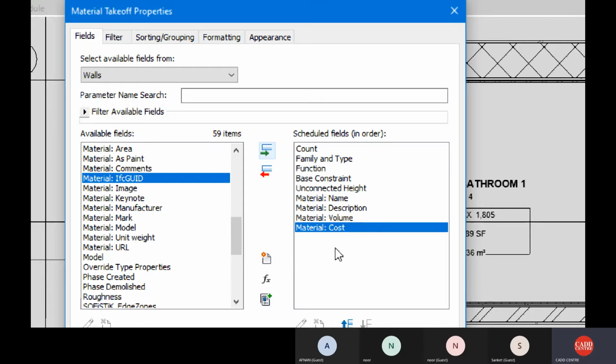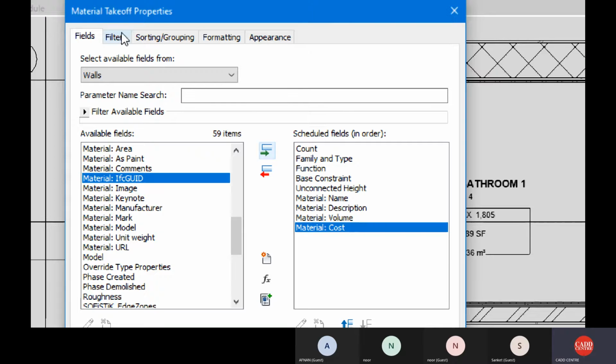So we want the count of walls, how many family and types of walls there are, what functions of walls there are, what the base constraint of the wall is, meaning on which level they are started, what the unconnected height is, meaning what the height of that wall is, then the material name, material description, material volume, and material cost. These field options we wanted basically.